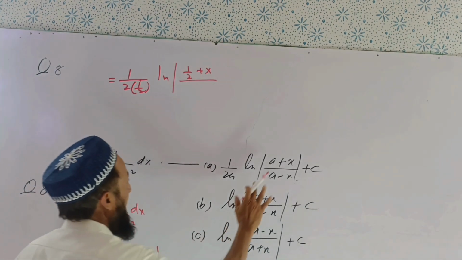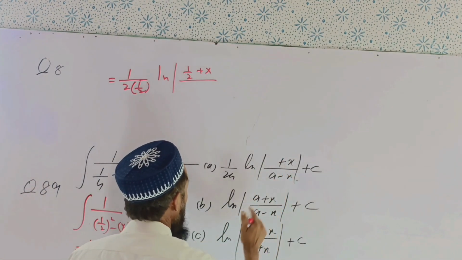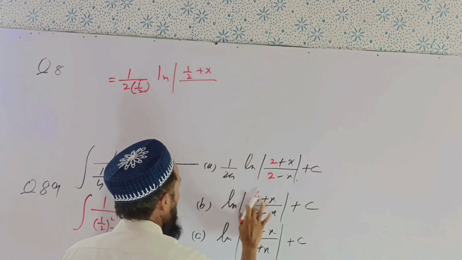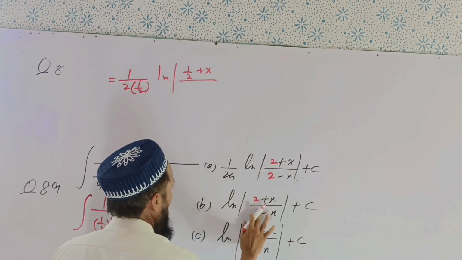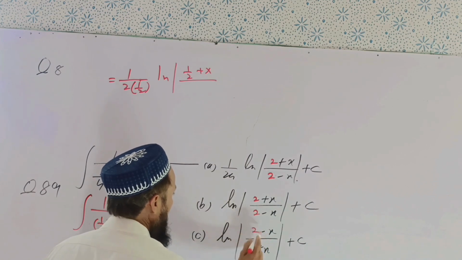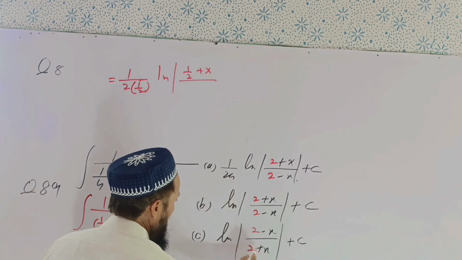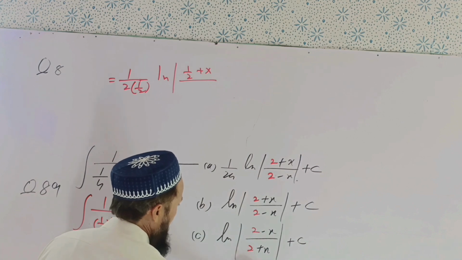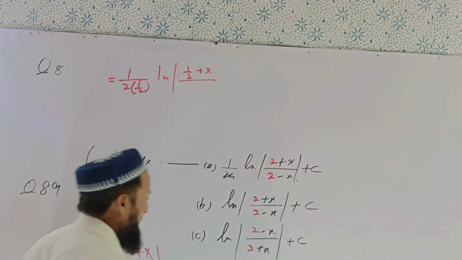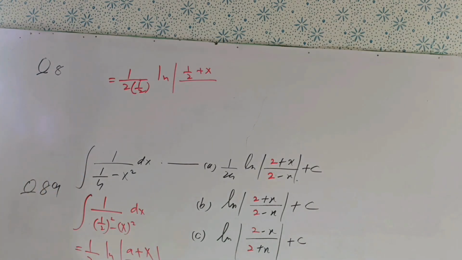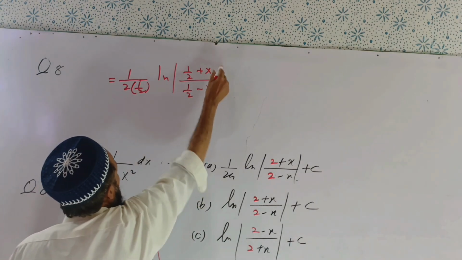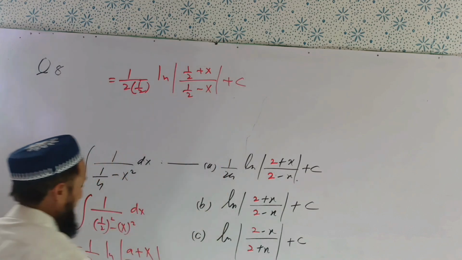In the place of a we put 1 by 2, and all these are changeable because here 2 is the value of a.